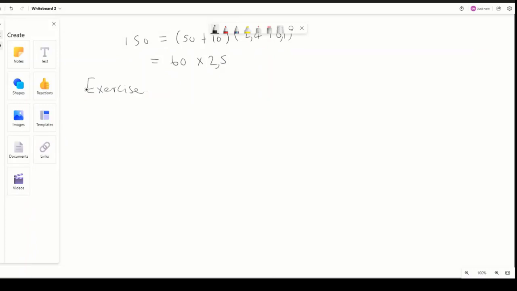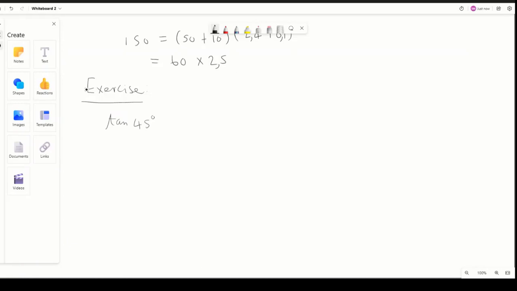Tan 45 degrees. Okay, the equation is tan 45 degrees, okay?